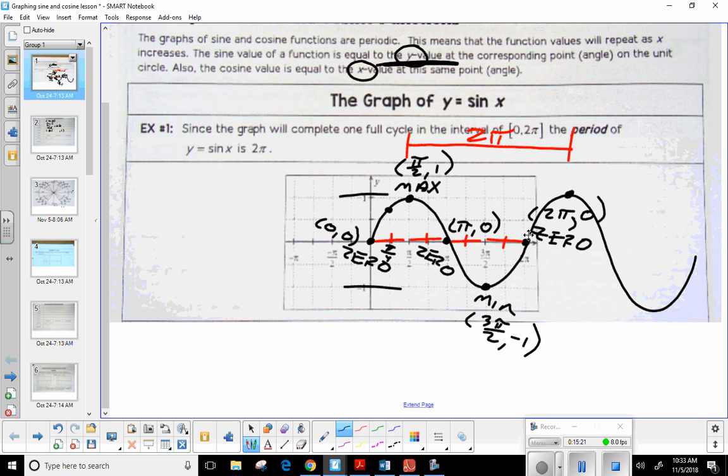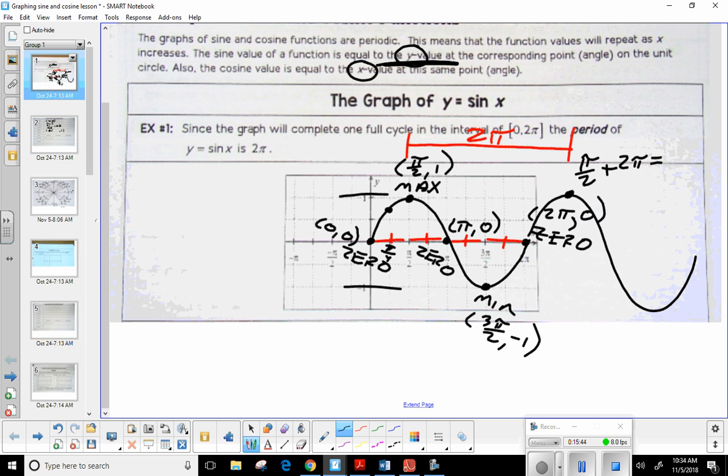So if I'm not going to see another maximum for 2 pi radians, where would the next one occur? I'd take the first one, pi over 2, and do what? Plus it. You'd want to add it. There we go. So this one would be pi over 2 plus 2 pi.